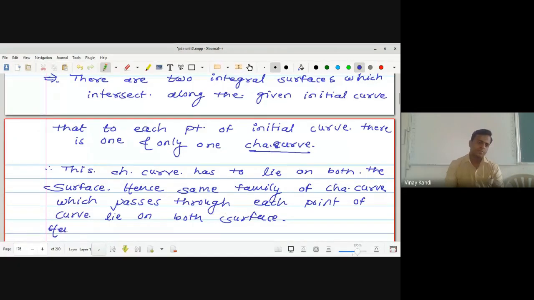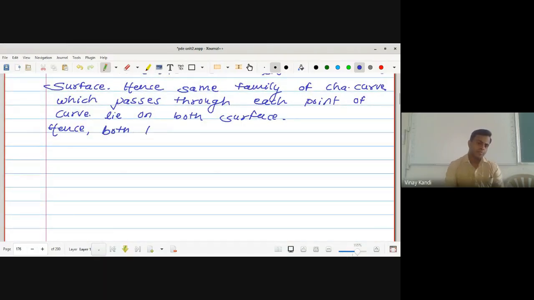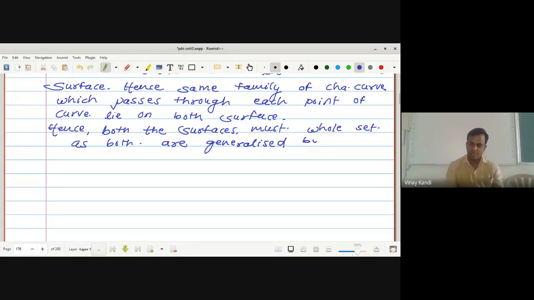Hence, both the surfaces must be the whole set as both, and are generated by the same family of characteristic curves. Thus phi of xy is unique.